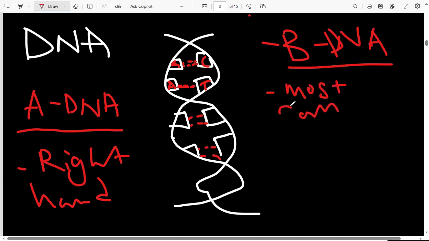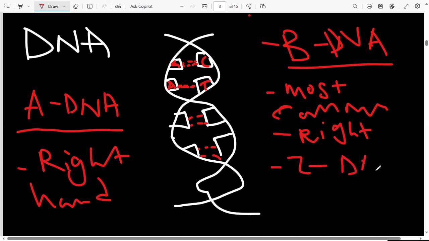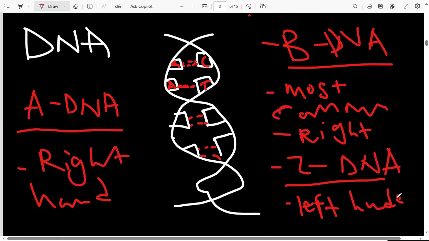And then the remaining one is the Z DNA. The Z DNA conformation is left-handed, so it's the one that is different from the others. If you have a left-handed double helix, then that will be the Z DNA.